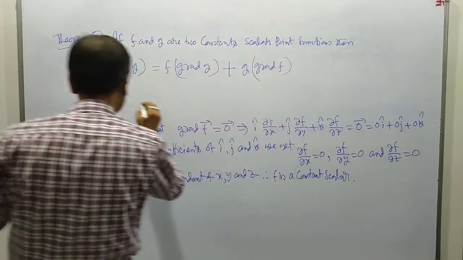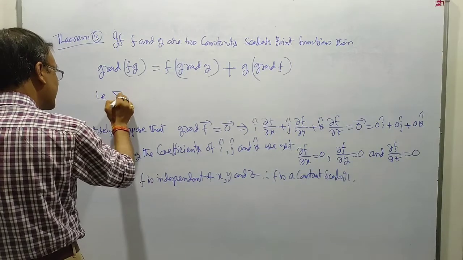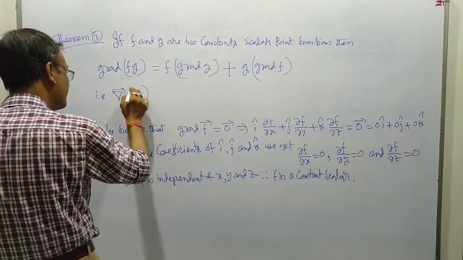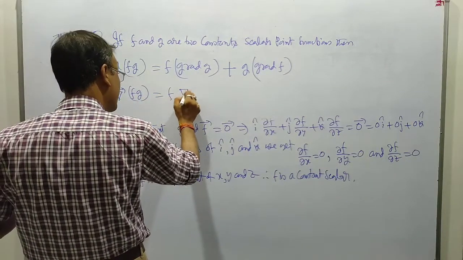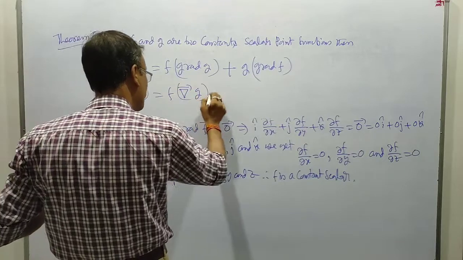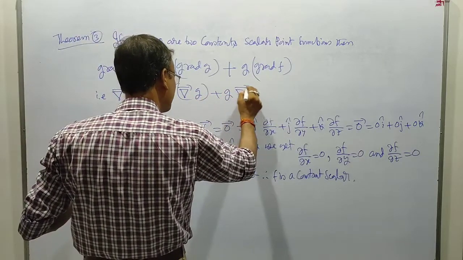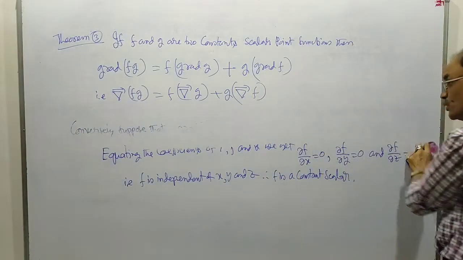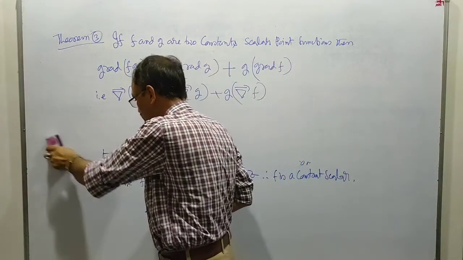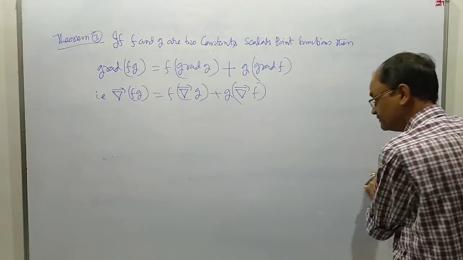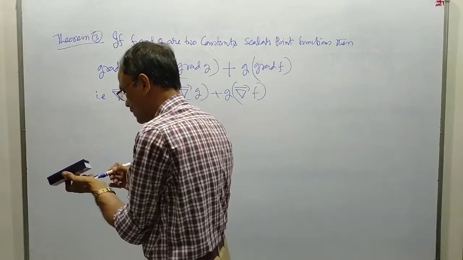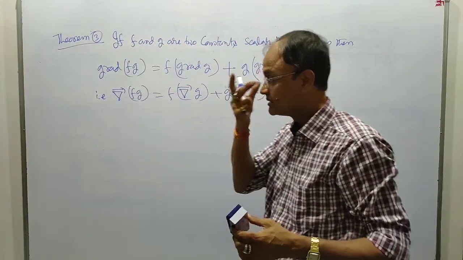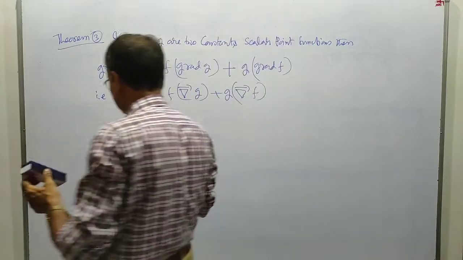You may write like this. That is, the gradient of fg equals f gradient of g plus g gradient of f. We have to prove this one. Proof.